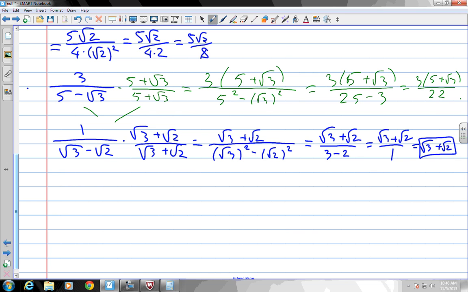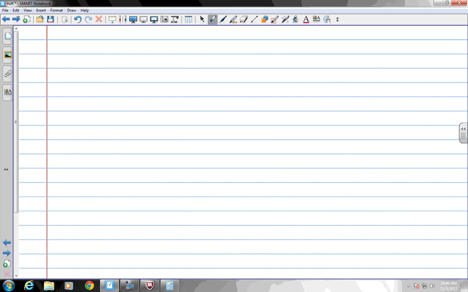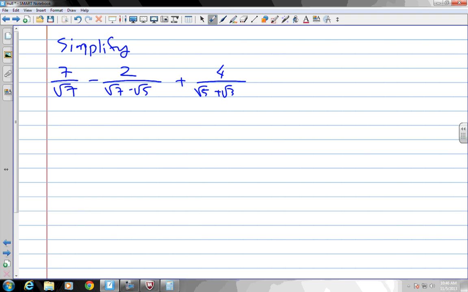Now, again, this really kicks in if I try this example, to simplify something like that: 7 over square root of 7 minus 2 over square root of 7 minus square root of 5 plus 4 over square root of 5 plus square root of 3.